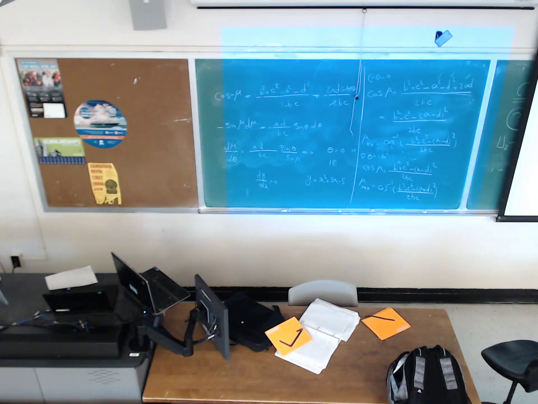A, B, C, and D. So when theta is 0, I'm going to have this one. And this is the transmission angle mu. I'm saying that it's a minimum value for mu.